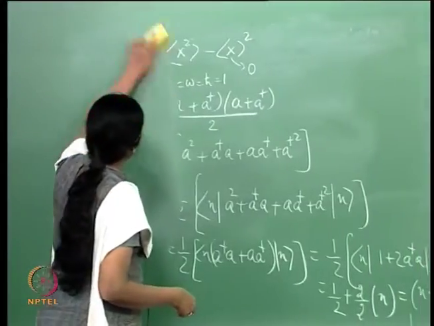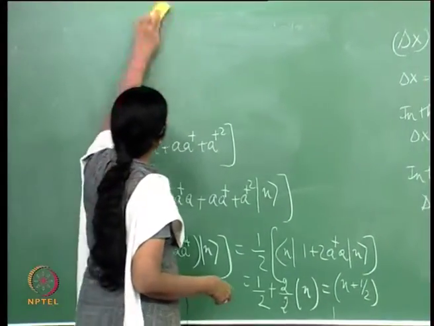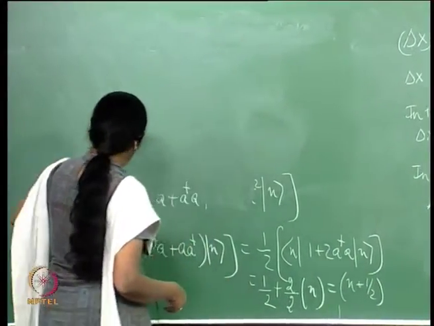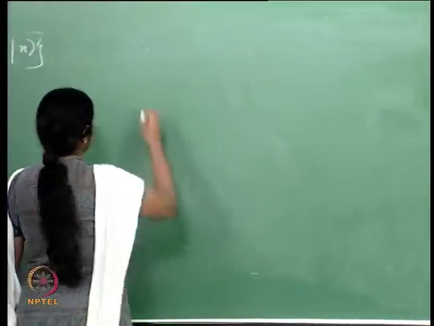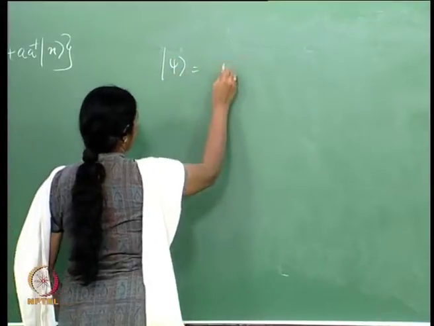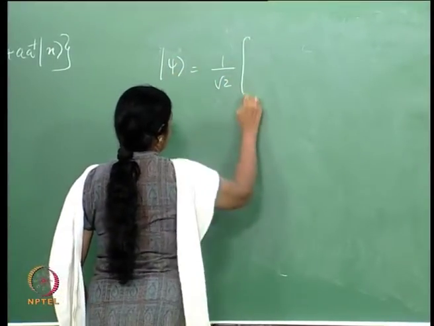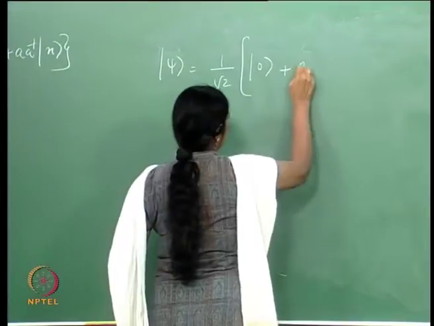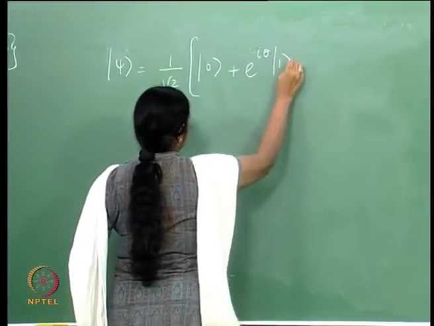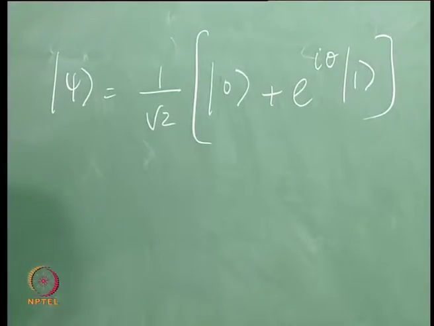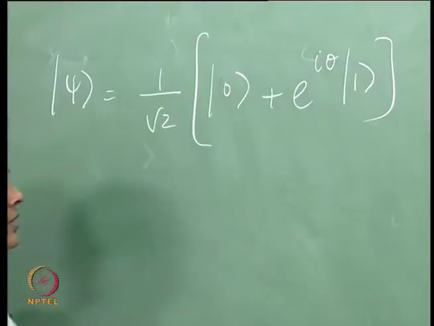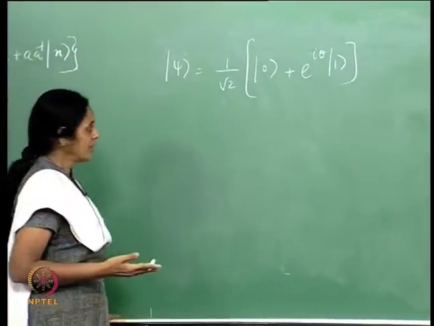My next exercise concerns the qubit. I now wish to look at the state psi, which is (ket 0 plus e to the i theta ket 1)/root 2, where e to the i theta is just a phase.